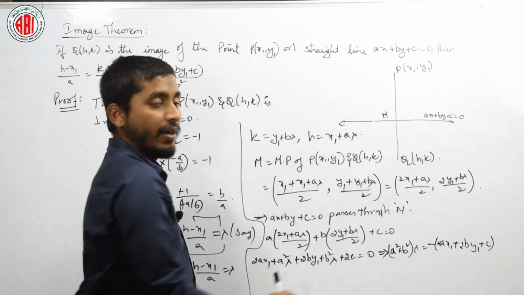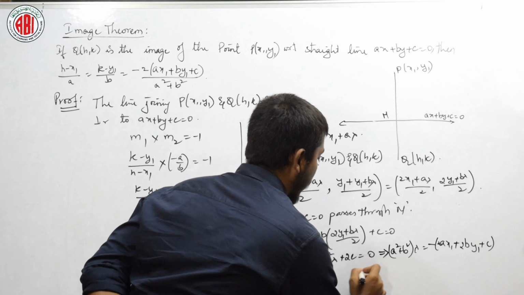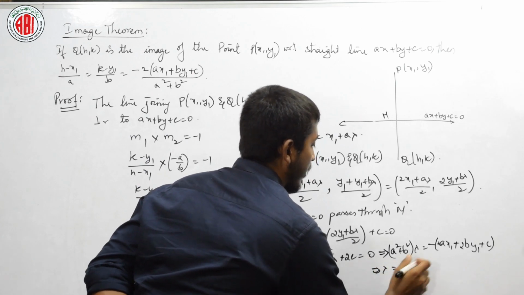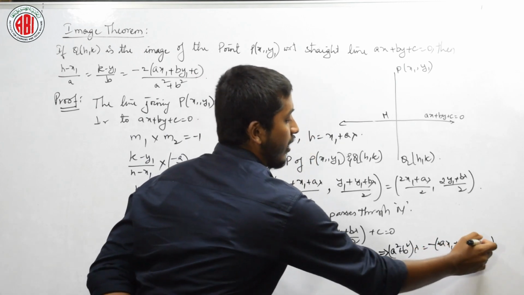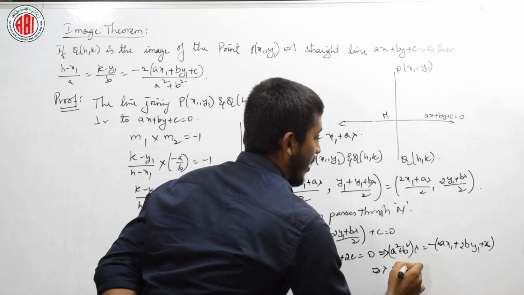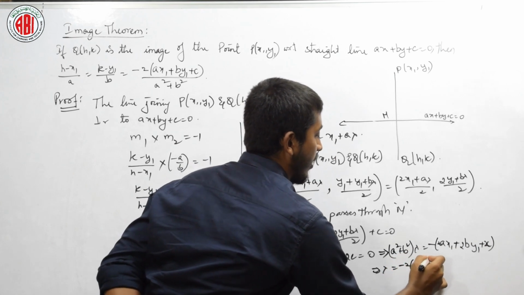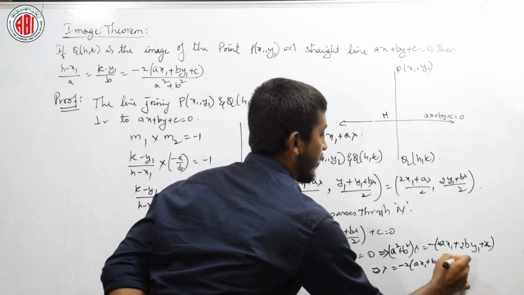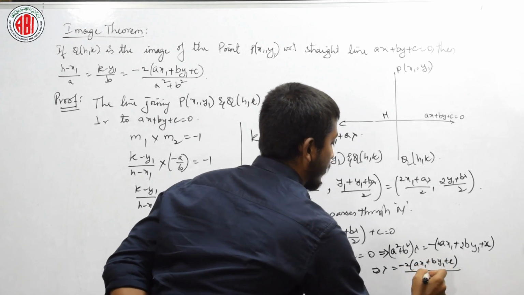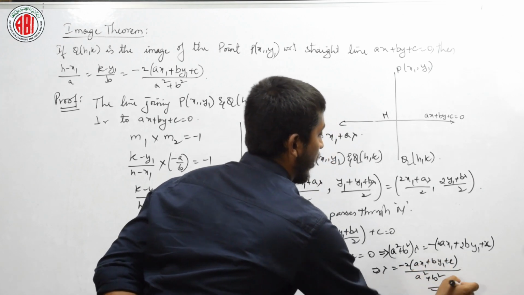What is the value of lambda here? Lambda is, here we can take 2 common, minus 2 into (ax1 plus by1 plus c) by (a square plus b square).